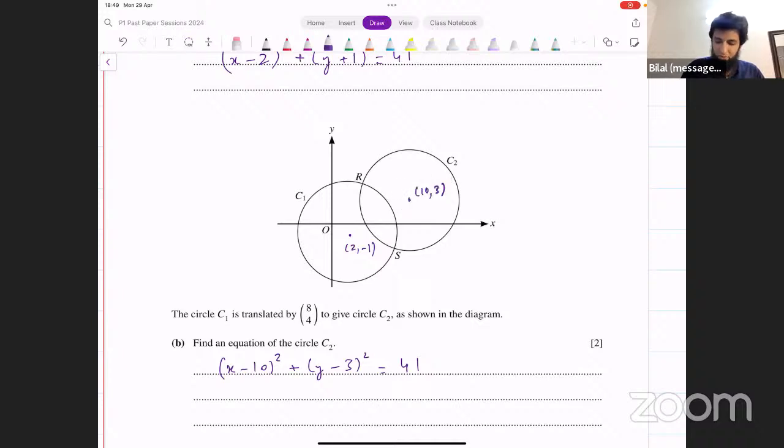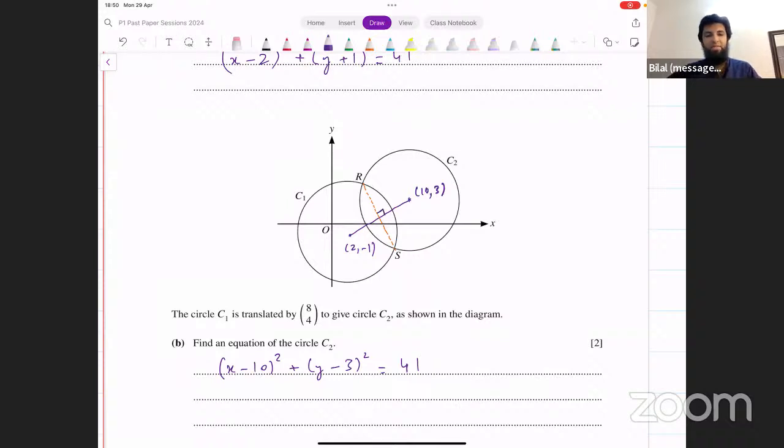If you were to join both of them, like this, RS is actually going to be perpendicular to this, and it is going to pass through the midpoint of these two centers.